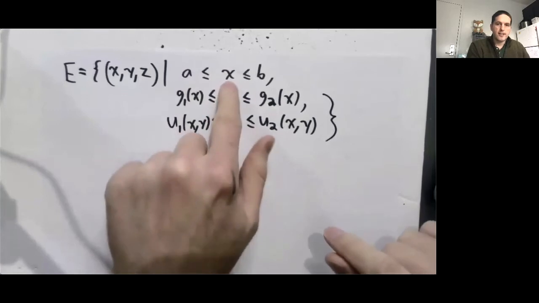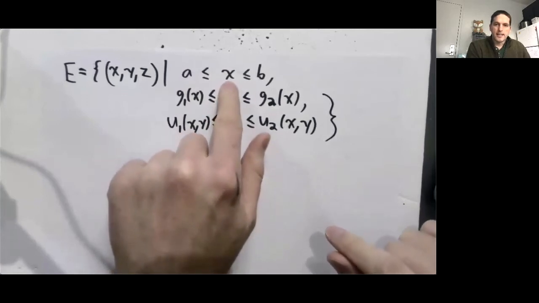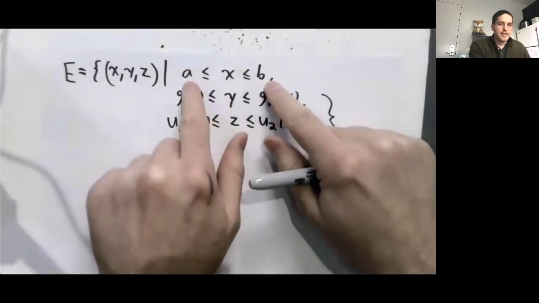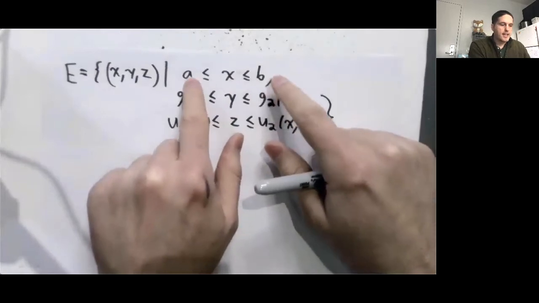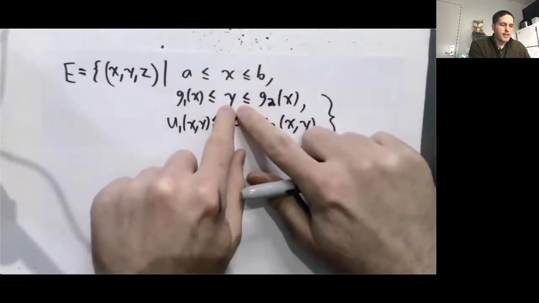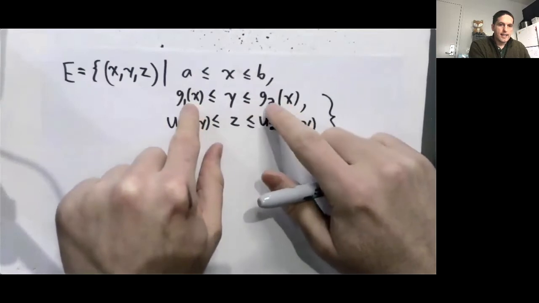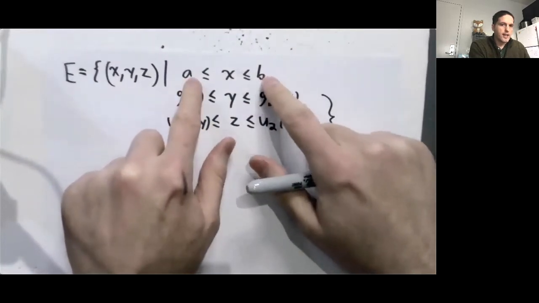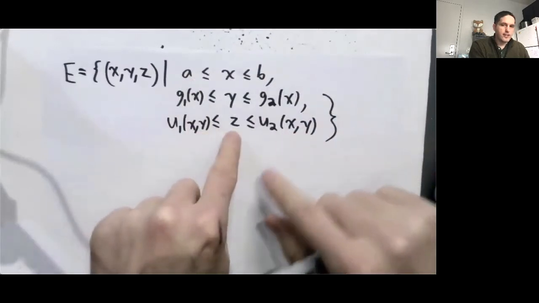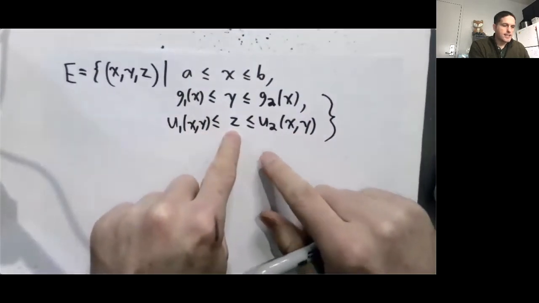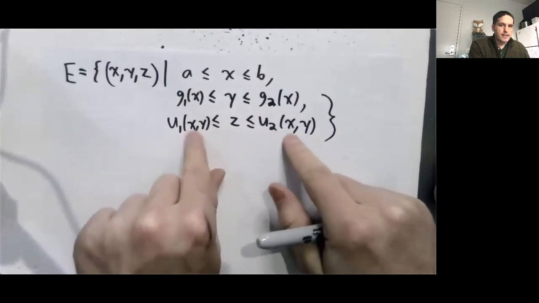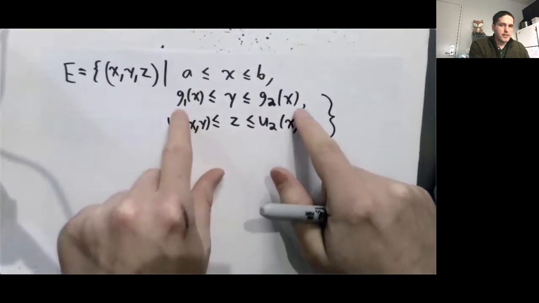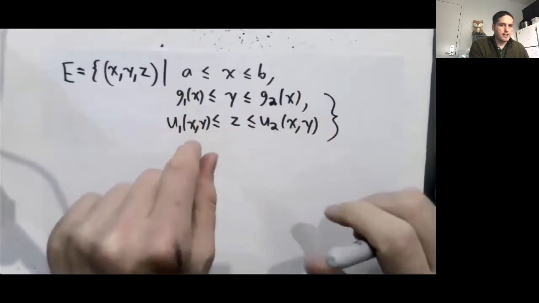So the first variable in our list is bounded on either side by constants. The second variable is bounded by expressions that depend only on the first variable. And then the final variable in our list is bounded on either side by expressions that involve only the previous variables, x and y.